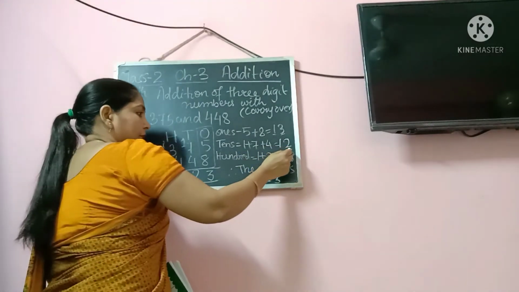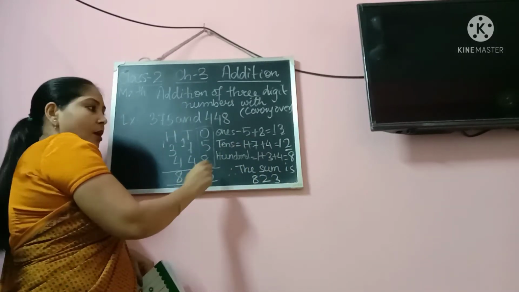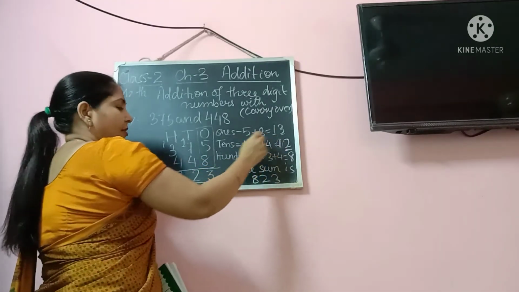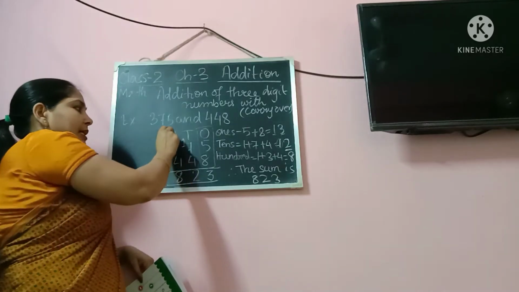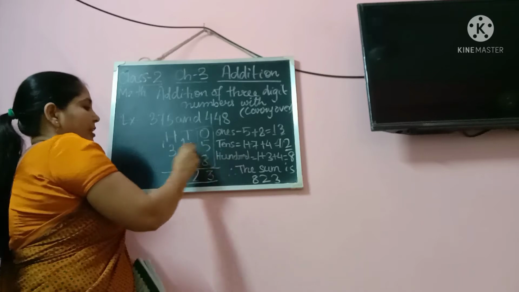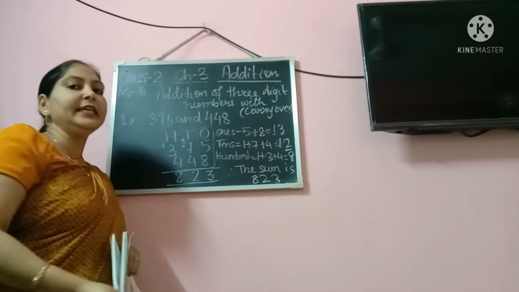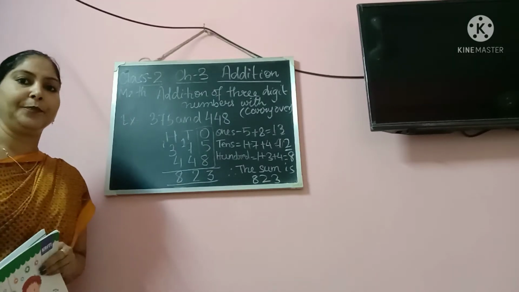Now again we will copy the ones place digit under the tens place, and this 1 will be carried to the next place value, that is the hundreds place. Then in the hundreds place we have the digits 1 plus 3 plus 4, which is equal to 8. So finally the sum is 823.